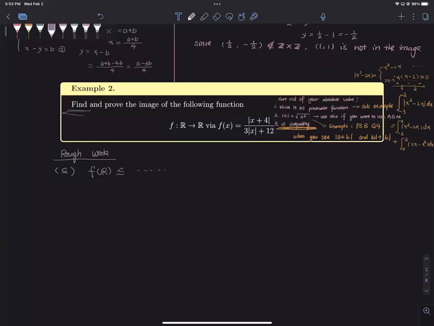Now I want to show this is in between an interval. Now my question is 1, 2, 3: which one do you think is going to be helpful for this function? And why is that?